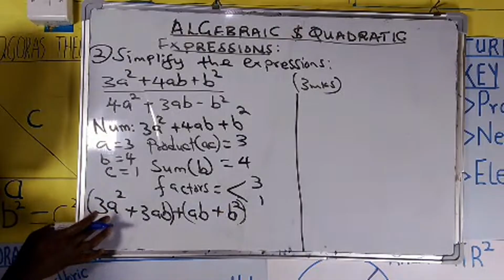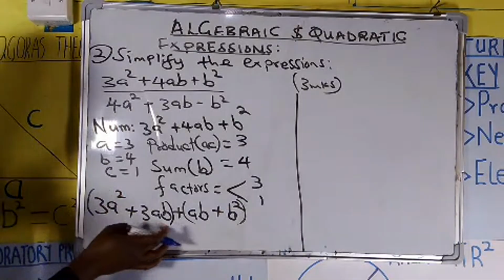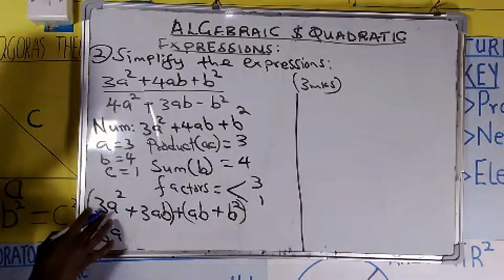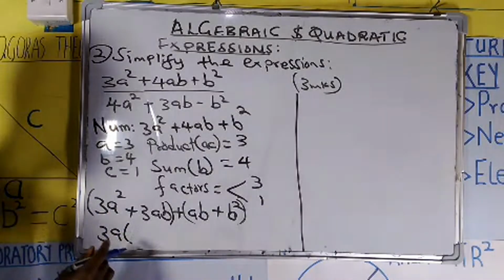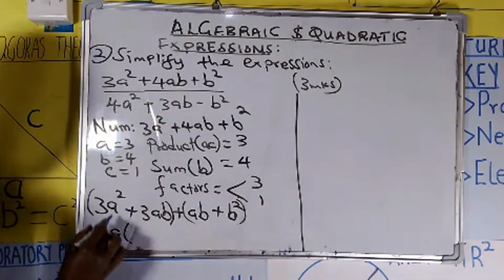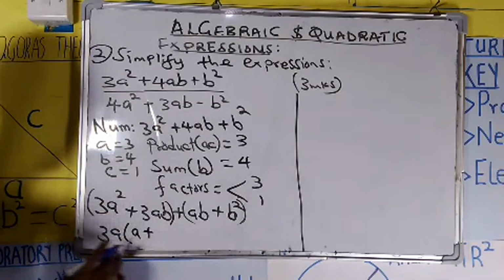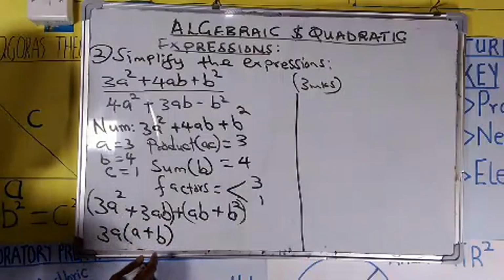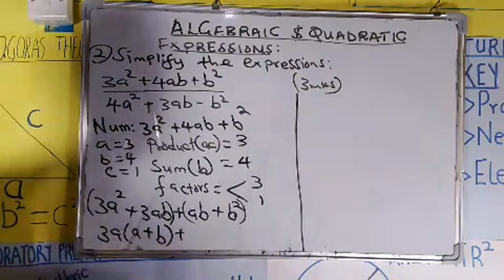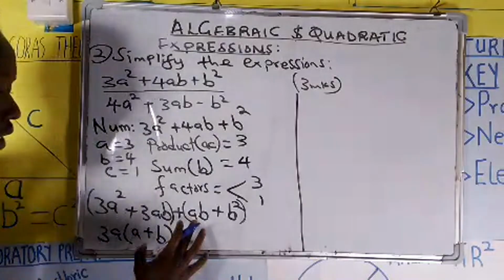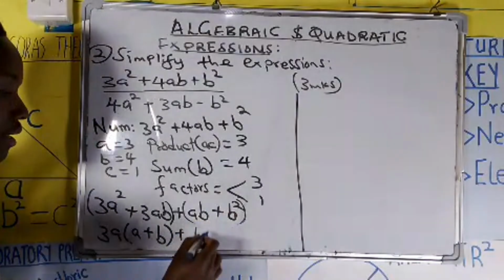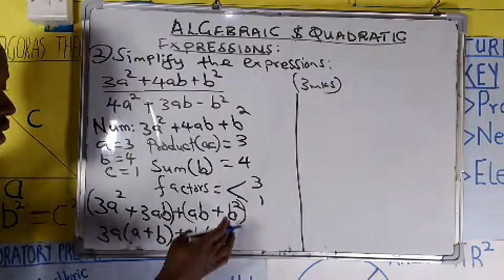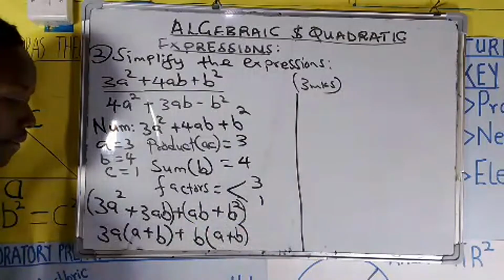The common factor between 3a squared and 3ab is 3a. So we have 3a into bracket, a plus b, since 3a times b will be 3ab. Then the greatest common factor between ab and b squared is b, and we have b into bracket a plus b.